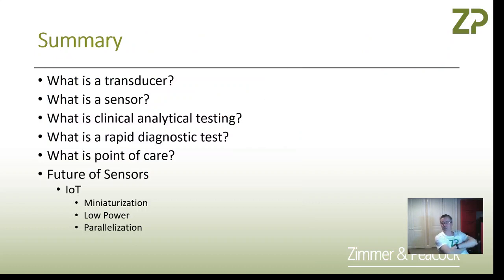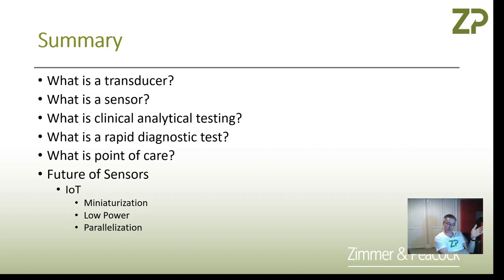So I'm just going to do a quick summary now. A transducer is a device that can convert energy from one form to another. A sensor really is a form of transducer, except I suppose its emphasis is on measuring a physical change and giving out a signal due to that physical change. Now, in biosensing, we have a range of instruments.